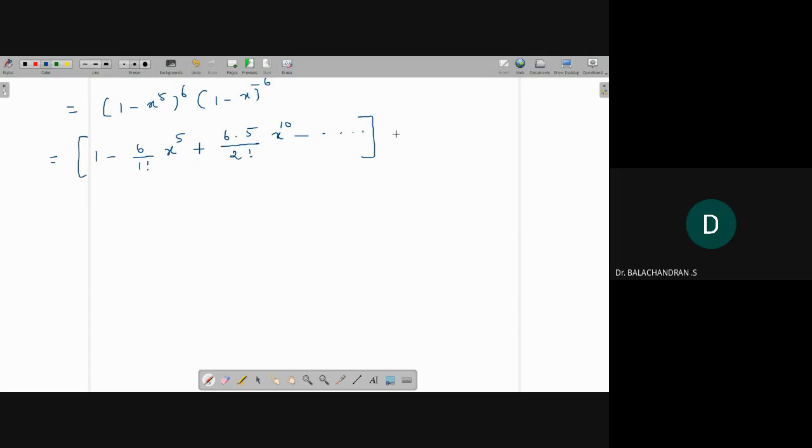And then multiplication. I don't have a space, that's why I'll write here. Okay, (1 minus x) whole power minus 6 is 1 plus n by 1 factorial into x plus n into n plus 1 by 2 factorial into x square plus n into n plus 1 into n plus 2 divided by 3 factorial into x cube.